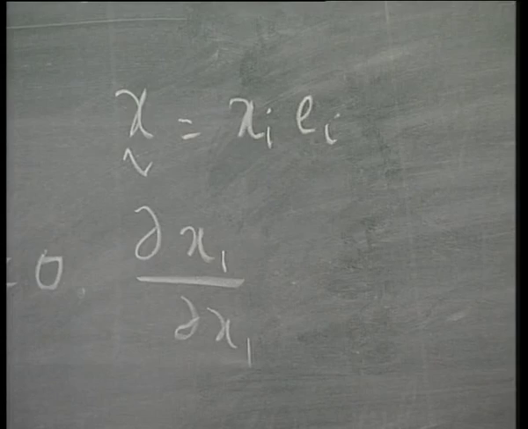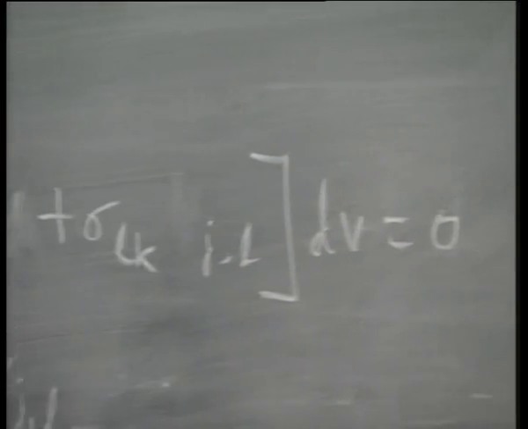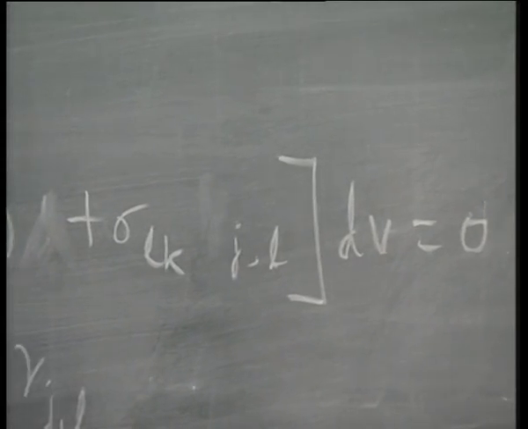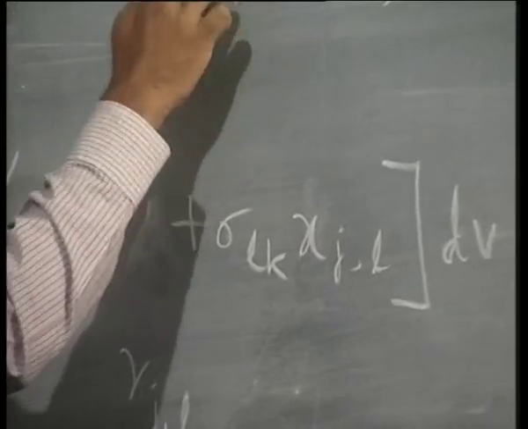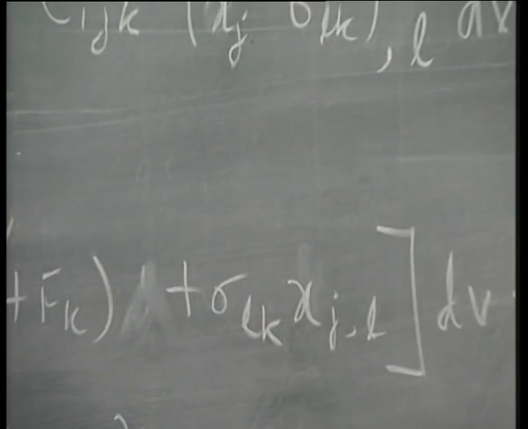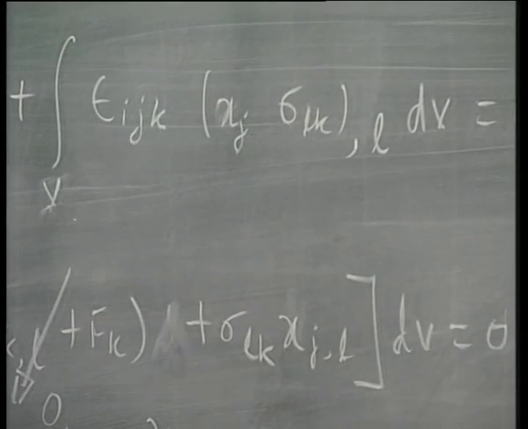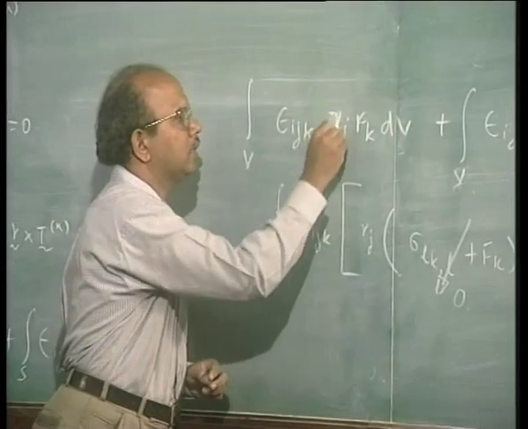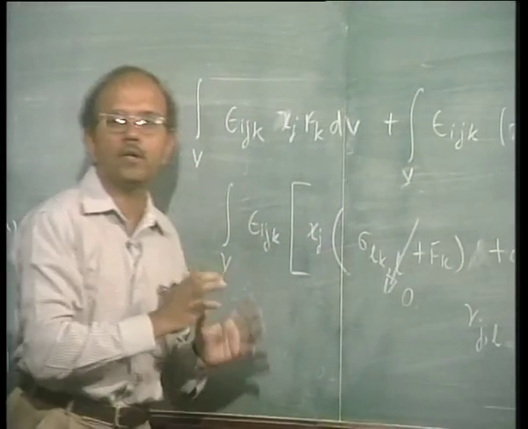Is that clear? It is a nice way of looking at it. The whole thing comes from the fact that these coordinates are independent. If you want, you can replace r by x as well, so that you don't get confused, without losing the understanding of what the position vector is.